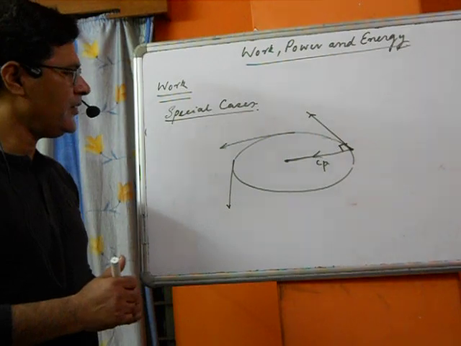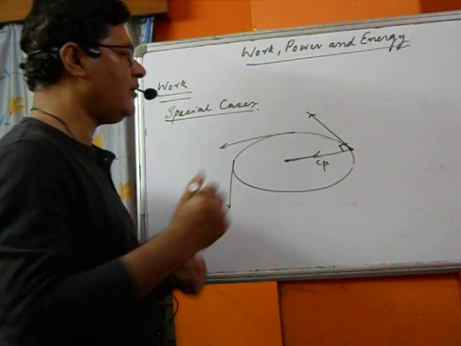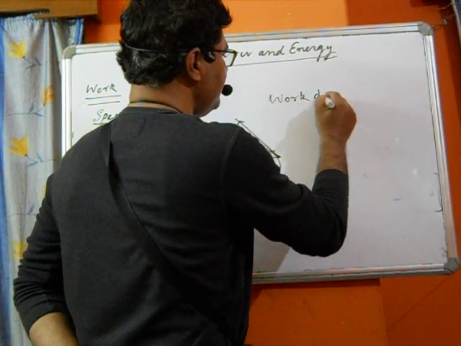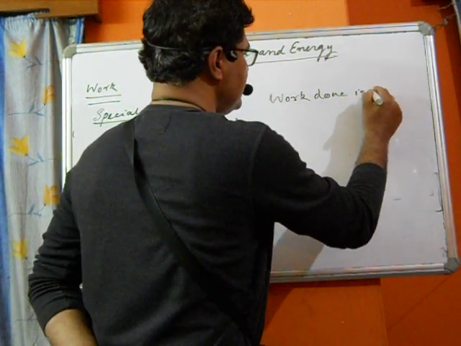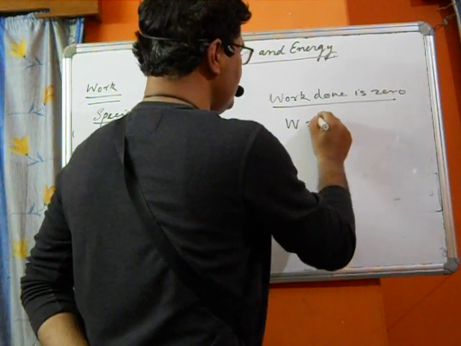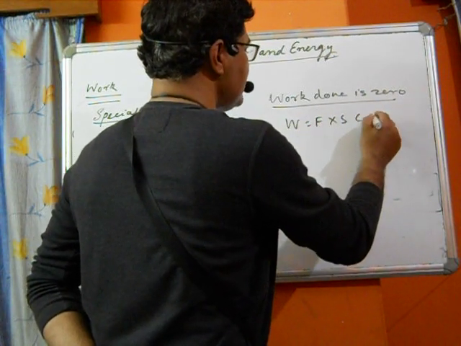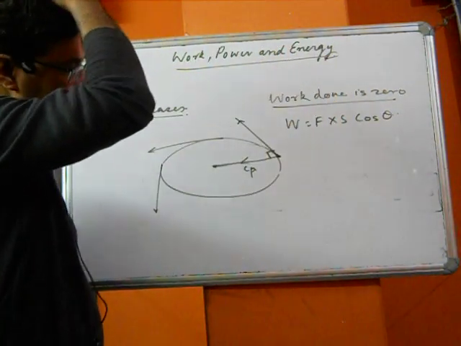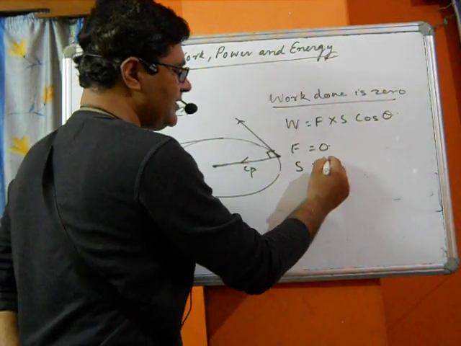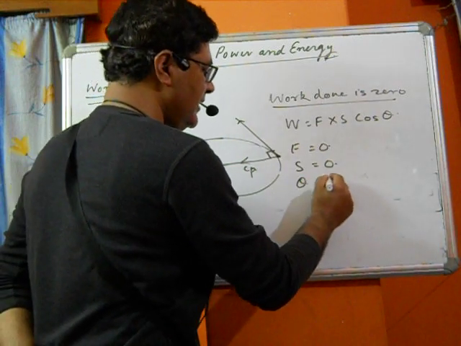So we understood there are two conditions when the work done is said to be zero. When is the work done said to be zero? We understand W equals F into S cos theta. See, either F has to be 0 or S has to be 0 or theta has to be 90 degrees.